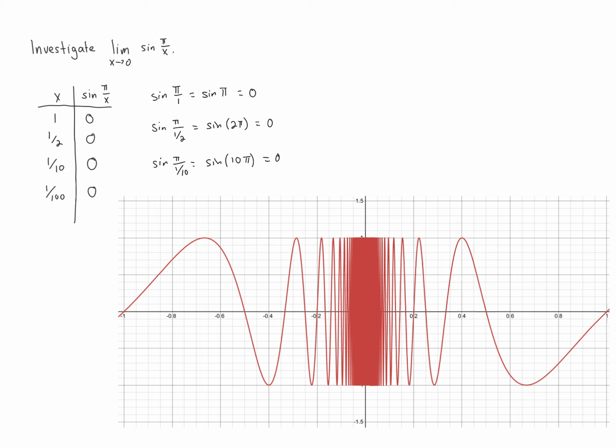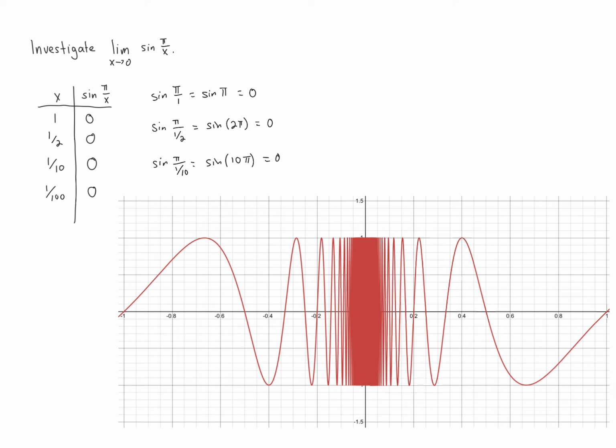So these zeros that we have come from the fact that our function does hit 0 an infinite number of times. However, it also hits 1 an infinite number of times, and it hits -1 an infinite number of times.